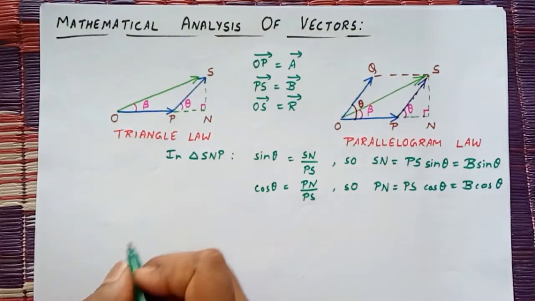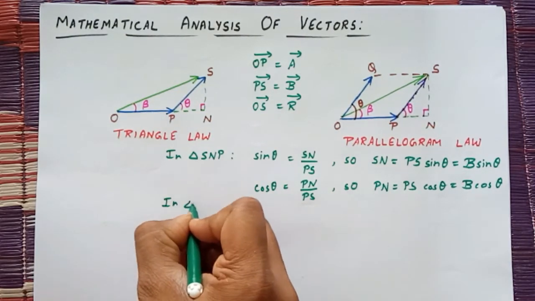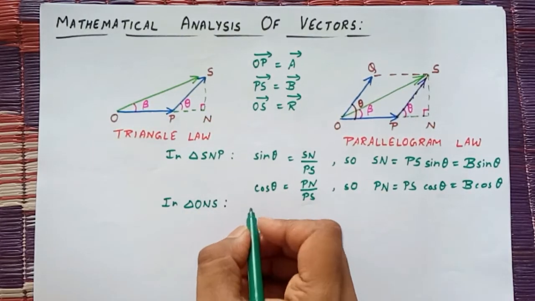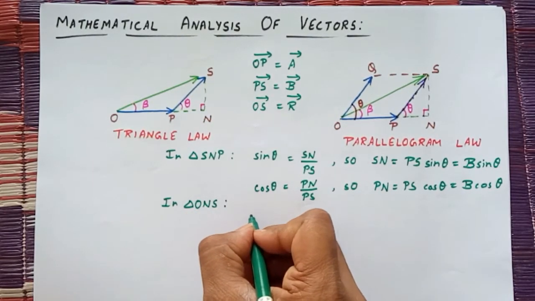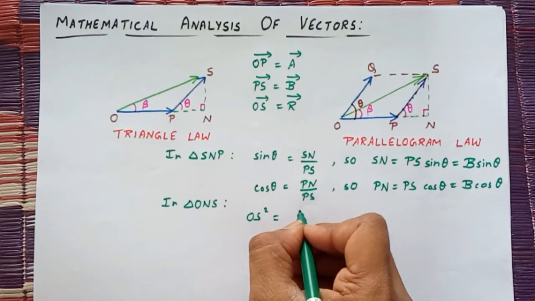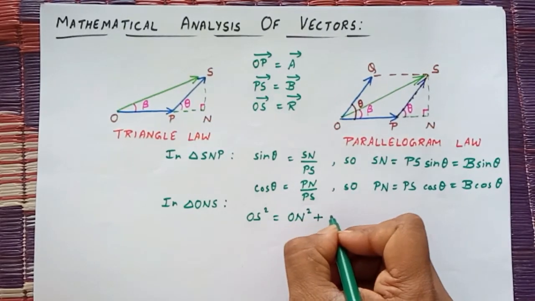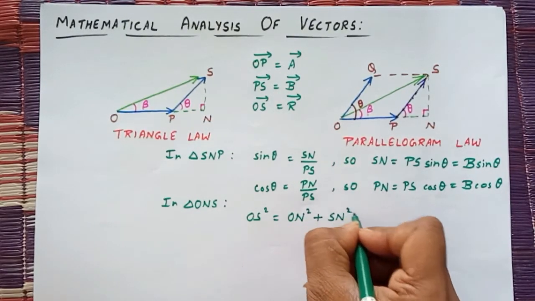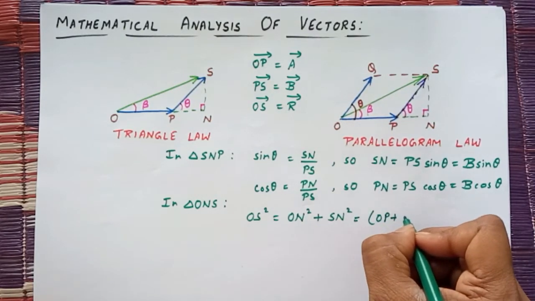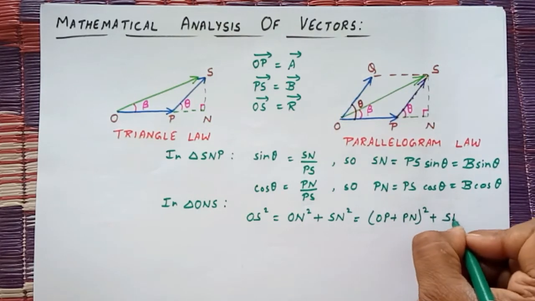Now, using Pythagoras theorem in triangle ONS, I can write OS square, that is the square of the hypotenuse, will be equal to ON square plus SN square, or it can also be written as OP plus PN whole square plus SN square.